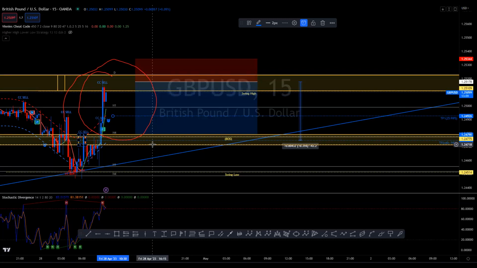This might be a retest, maybe. I'm watching price action.